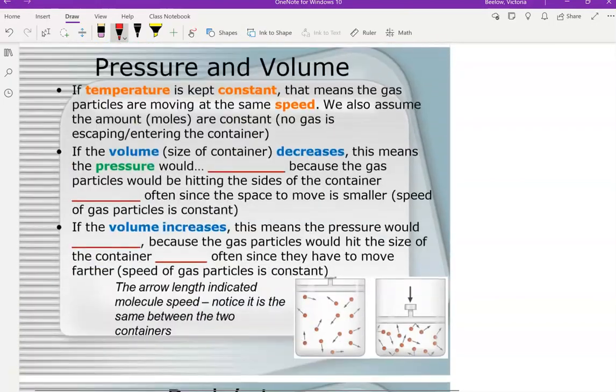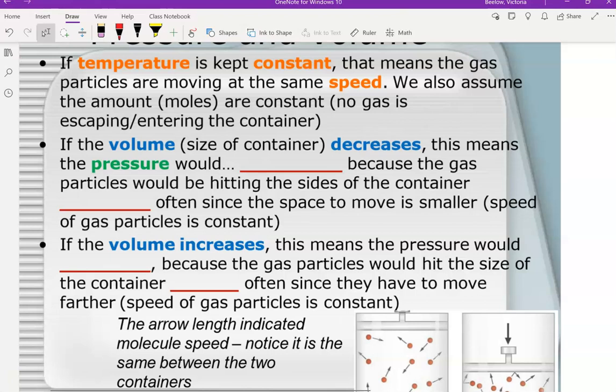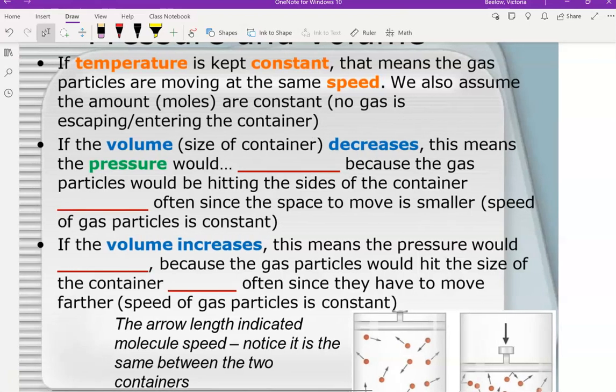So to summarize that, if temperature is kept constant, the particles are moving at the same speed, they have the same kinetic energy. And we can also assume that the amount of moles, the gas particles, nothing's escaping or entering the container.